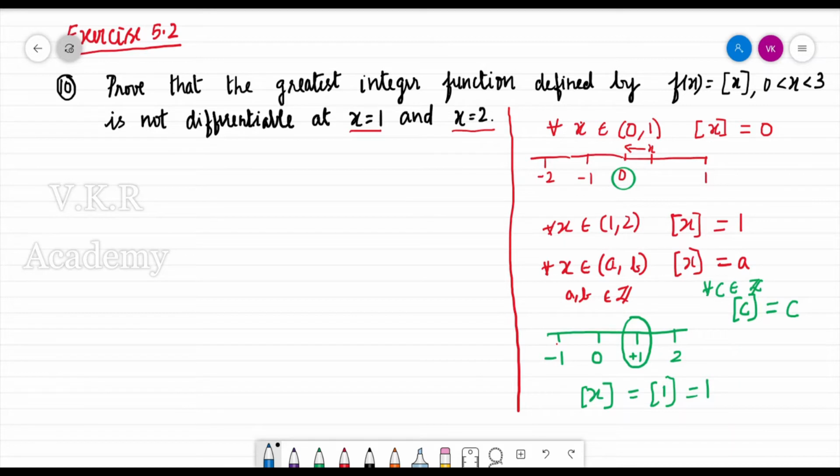So with this recollection, now let's try to prove that the greatest integer function of x is not differentiable at x is equal to 1 and x is equal to 2 for f of x equal to greatest integer function of x at 0 less than x less than 3. So before proving it for a particular case, let's prove the result for a general case. Let's prove the greatest integer function of x is not differentiable for any integer value of x.